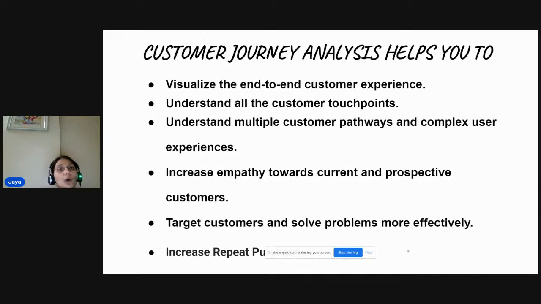we are able to analyze the customer experience end to end, in such a way that you are trying to help the customer in every part of their purchase. So when we are talking about customer journey analysis, these are the main points, because customer journey mapping is a way to visualize the customer experience and how they interact with your business.